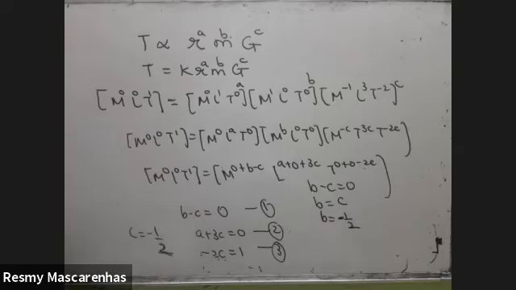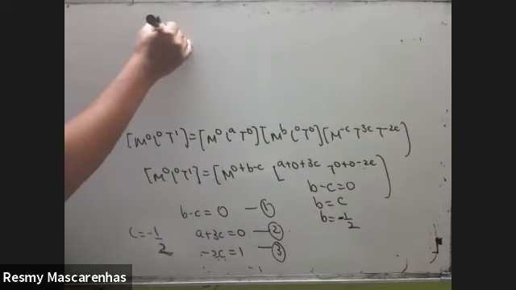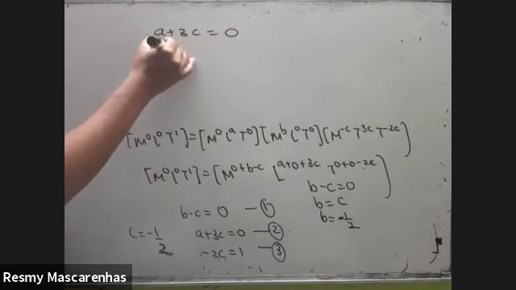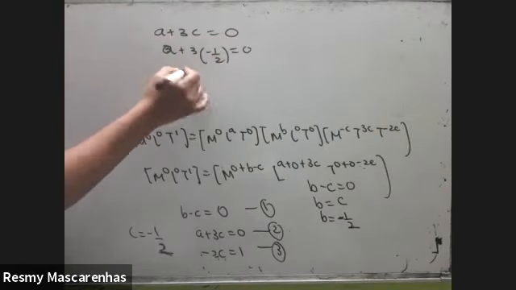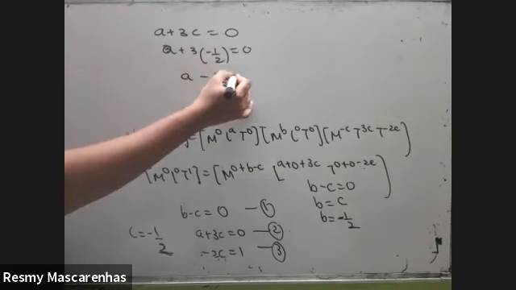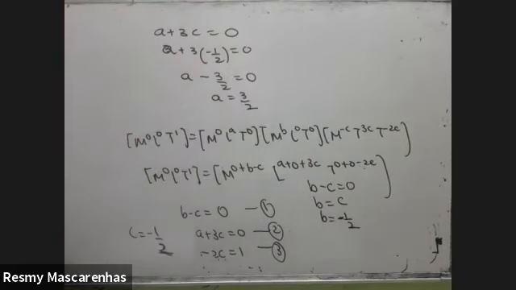And then the last one, A plus 3C is equal to 0. So minus 3 by 2. Take it on the other side, A is 3 by 2.